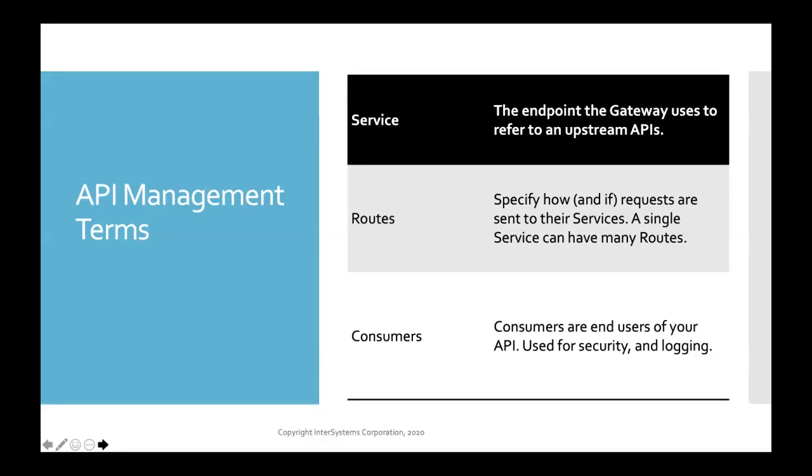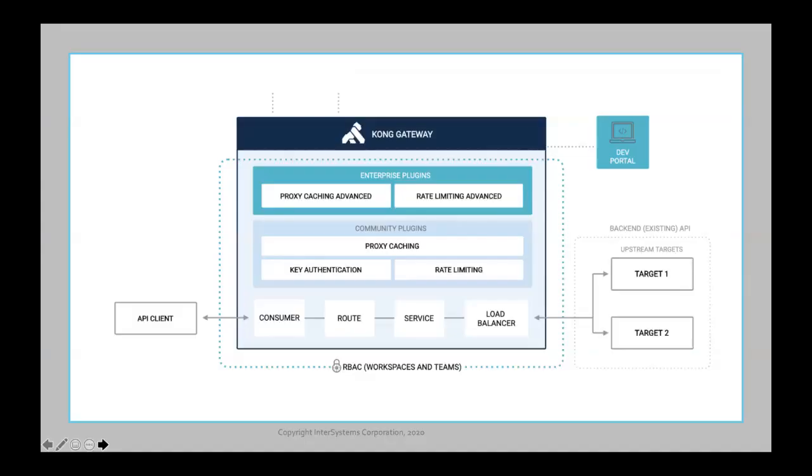These are paths to the service. The gateway is going to forward requests coming into the route to the service as we set up these routes. And the final concept is a consumer. They're the end users of the API. They're the clients. And we need to identify them if we're going to use security and logging properly.